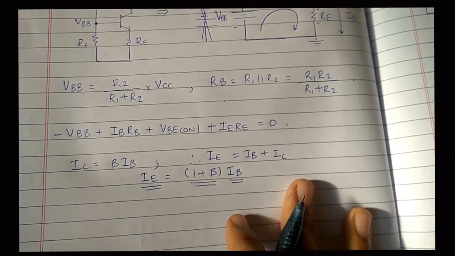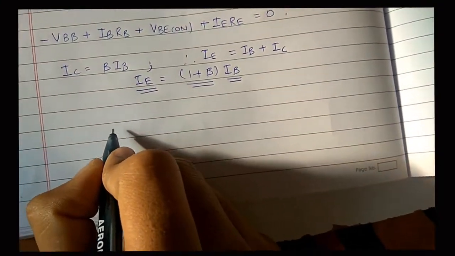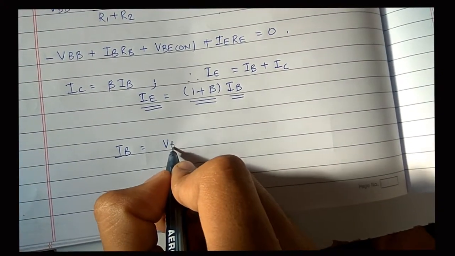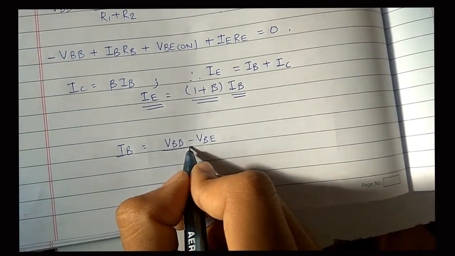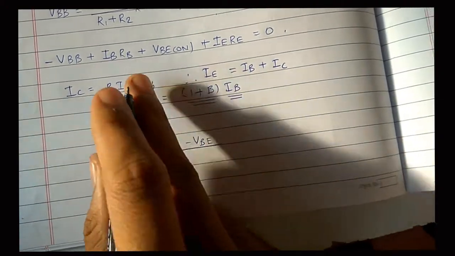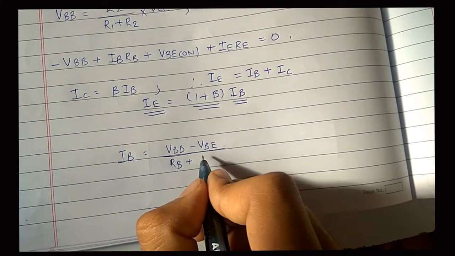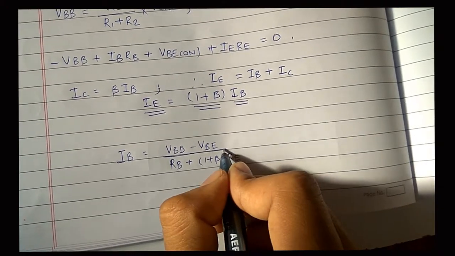In various books the formula is directly given like this: IB is equal to VBB minus VBE divided by RB plus 1 plus beta times RE.